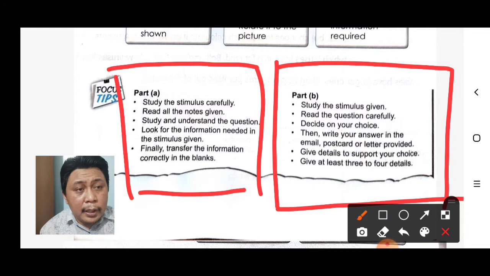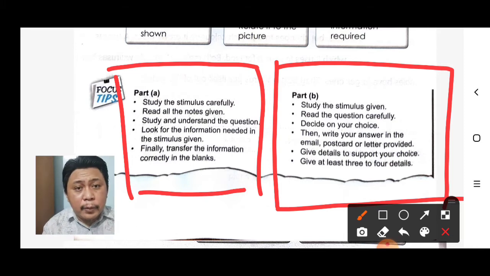Understood? Number 3 is to decide on your choice. This is important. You need to decide your own choice because you have to give a reason for it, and then write your answer in the email, postcard or letter provided. Give details to support your choice, at least 3 or 4 details. What is the meaning of details here?